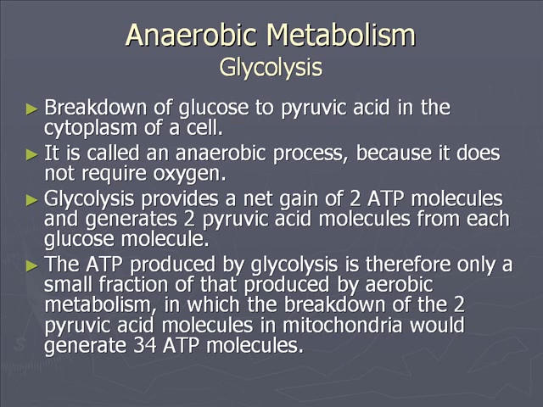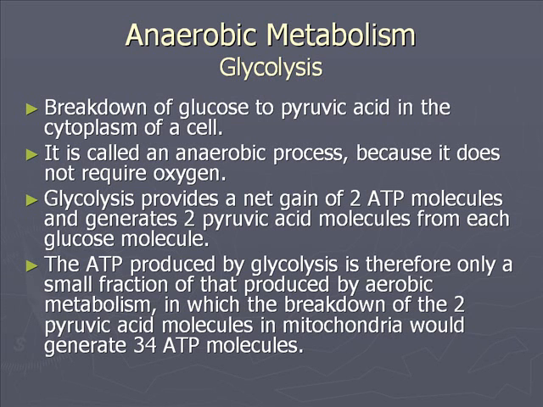Glycolysis is the breakdown of glucose into pyruvic acid, a 3-carbon molecule, in the cytoplasm. This is an anaerobic process, and doesn't require oxygen. Glycolysis provides a net gain of about 2 ATP molecules and will generate 2 pyruvic acid molecules from the glucose, and these 2 pyruvic acid molecules will then pass through the membrane of the mitochondria and go through the TCA cycle.